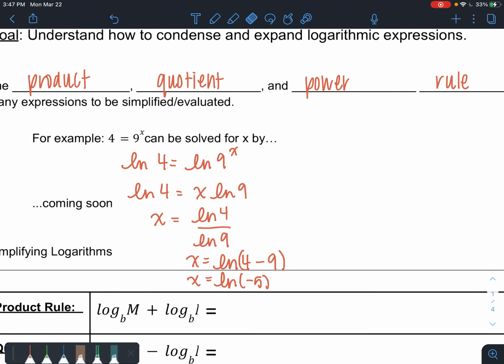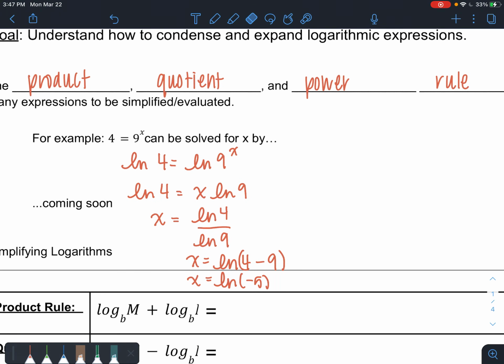So if I have log base b, and it doesn't matter what the base is, as long as they are the same, then I can write this as log of m times n. Okay, and so when we're going this way, we're condensing.